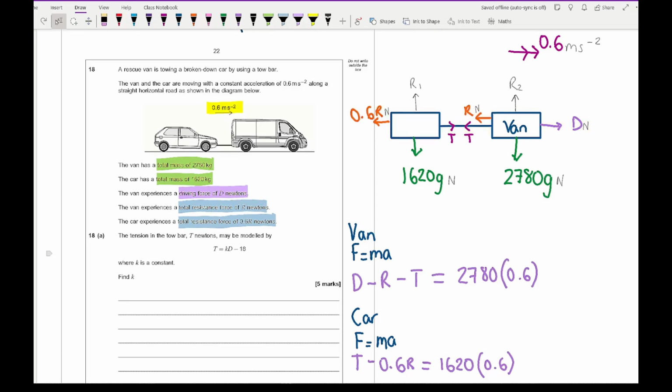If we were to think about in total the whole situation of the car and the van combined, let's put this answer down here.